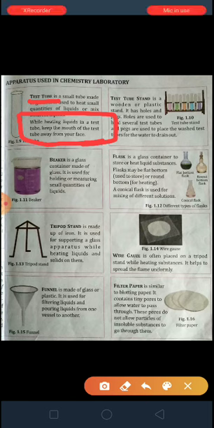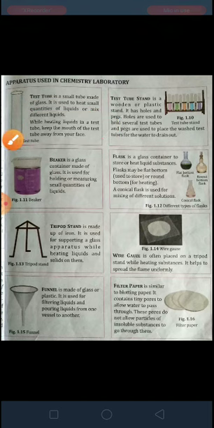We have read this. So the right answer is away from you, the first one.